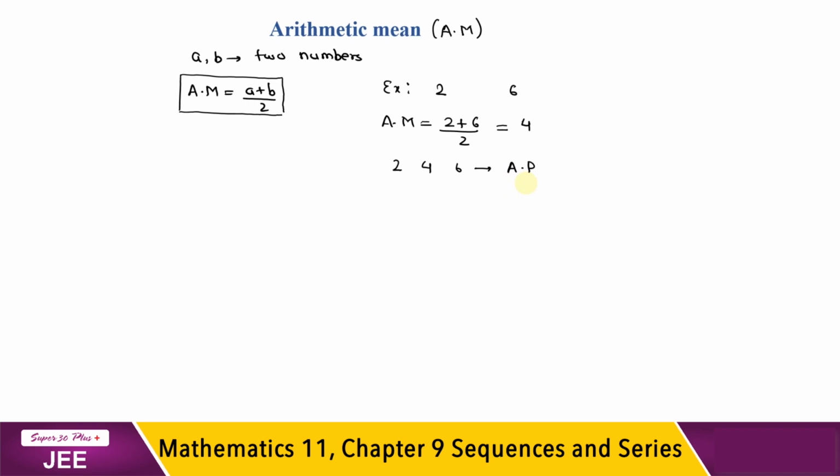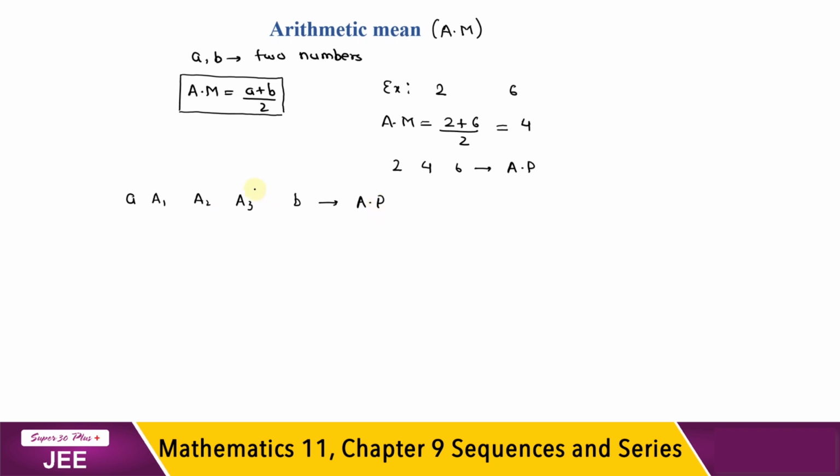So if now I have two numbers A and B, and now I am inserting A1, A2, A3, three arithmetic means between these two numbers, then this resulting sequence will become an AP.